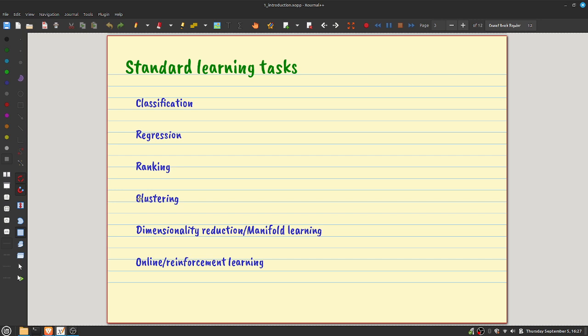Again, this is just a small sampling of the kinds of learning tasks that you may have, and each of these learning tasks can be defined mathematically, and you can make precise statements about what can be achieved and what can't be achieved in these cases, of course under certain assumptions.